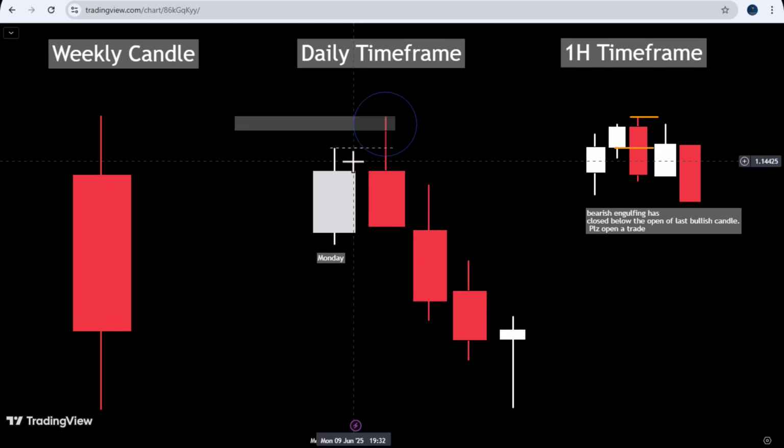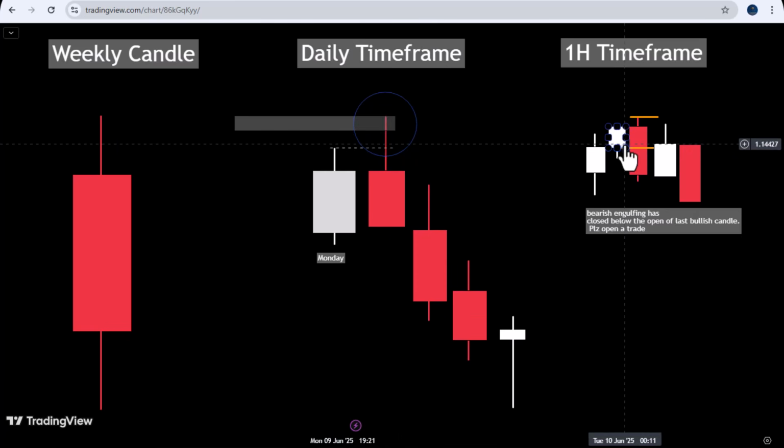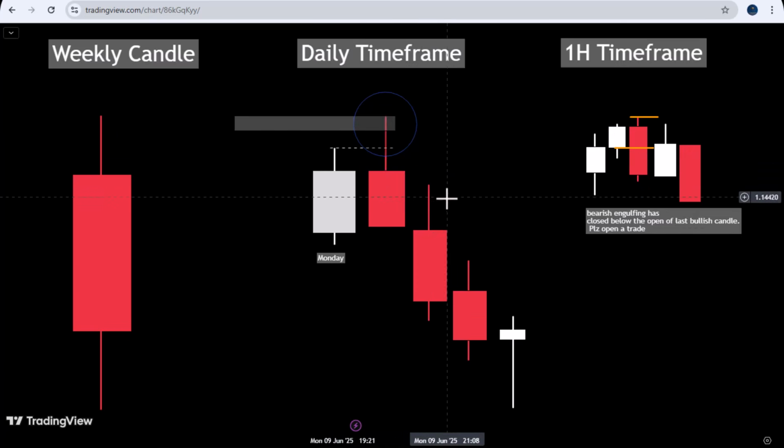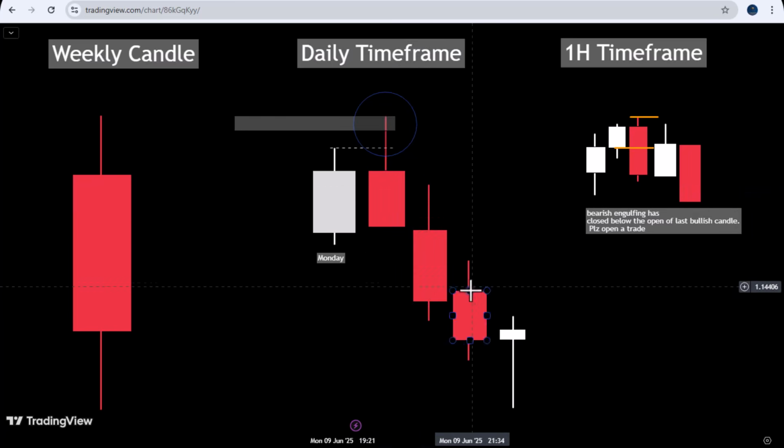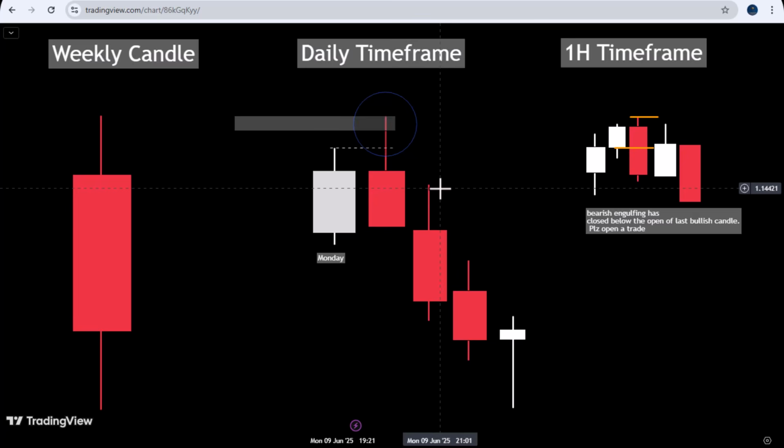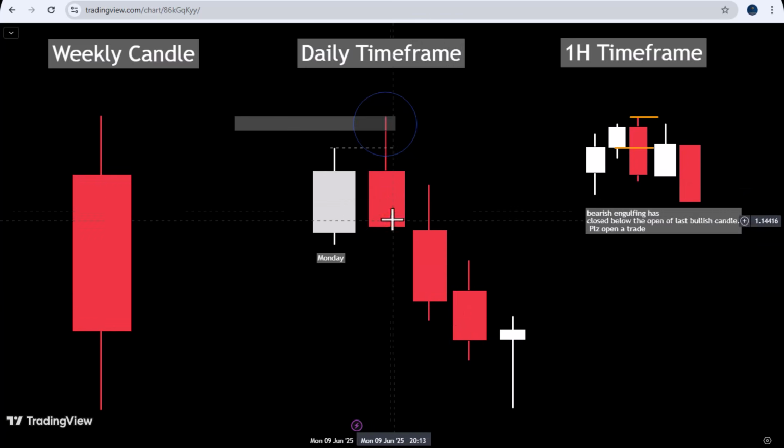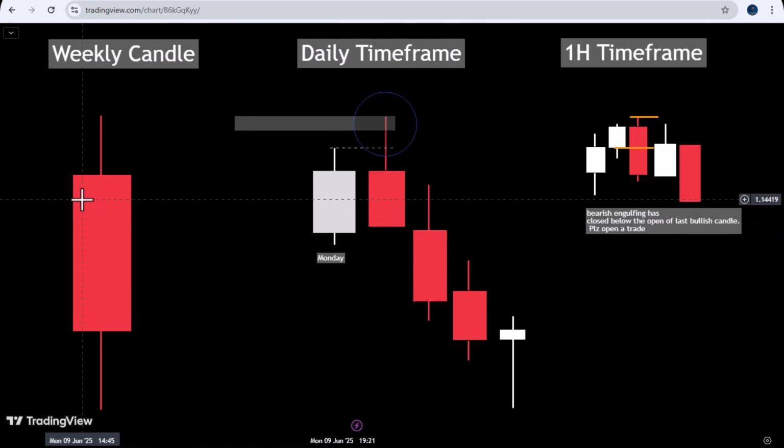So if you're hesitant about this, then you can position yourself to trade the next daily candle, which is Wednesday. And this is what we'll be discussing in the next video. Then what happens when you are going to deal with daily candle formation? This is for weekly candle formation.